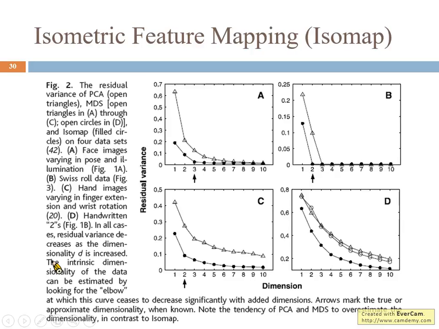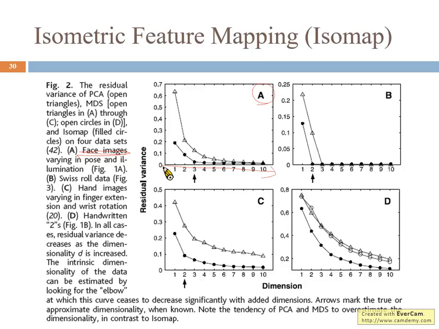So here are some results of ISOmap, and we use 4 figures to show the effectiveness. In the first figure, we work on face images, that is a statue captured from different angles, different poses, and with different lighting conditions. In figure A, the x-axis is the number of dimensions we would like to take.